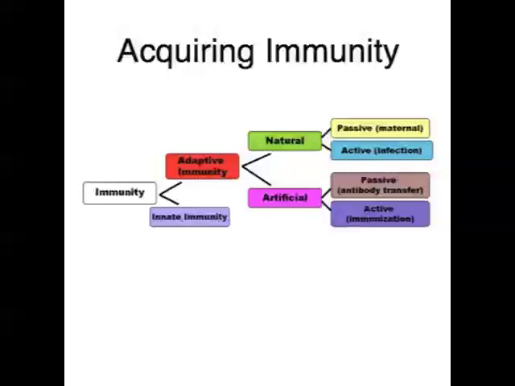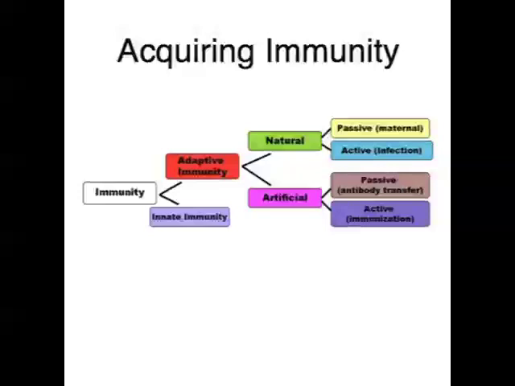So these are living organisms but unable to cause disease, and these are used to activate the immune system to produce antibodies, but they don't cause the disease. So you inject something into the body which tricks the immune system into developing antibodies, but it doesn't actually make the person sick, it just gives you immunity. So that's induced active immunity.